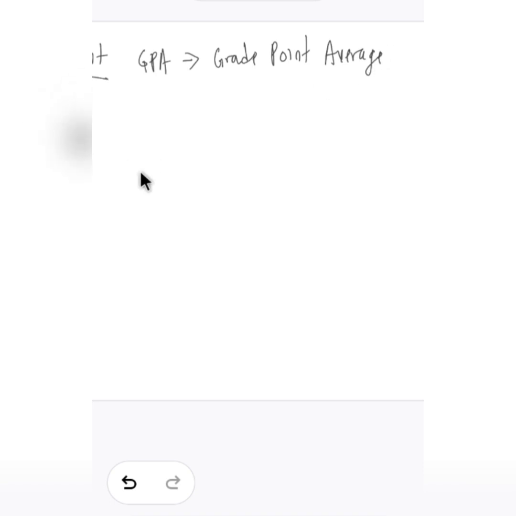Now we're going to try to calculate GPA, and the best way to do it is using an example. So I'm going to give you an example. Let's say a fresher, a one student, who has the following courses. Let's take realistic courses that you know.